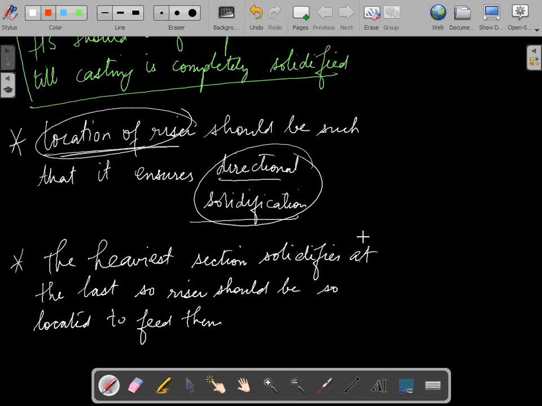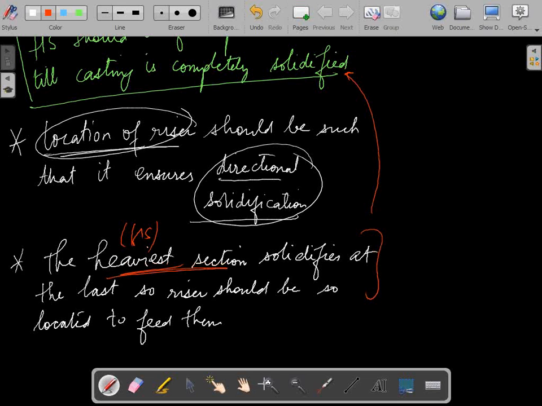Now if you correlate this point with the condition for hotspots, you would start getting a little bit of idea what I'm talking about. Heaviest sections are basically your hotspots. They solidify at the last.